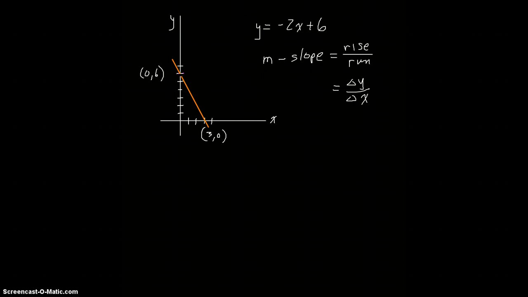If I start at 0, 6, I'm going 1, 2. I'm going down in the y direction, so my change in y is going to be negative.